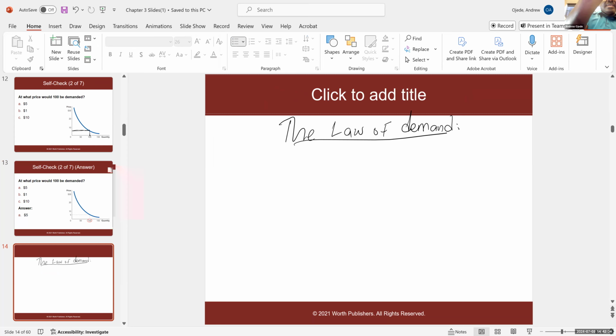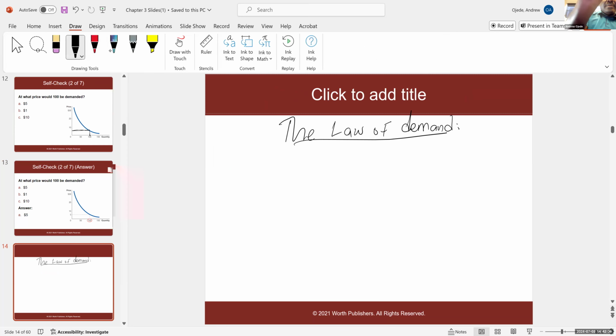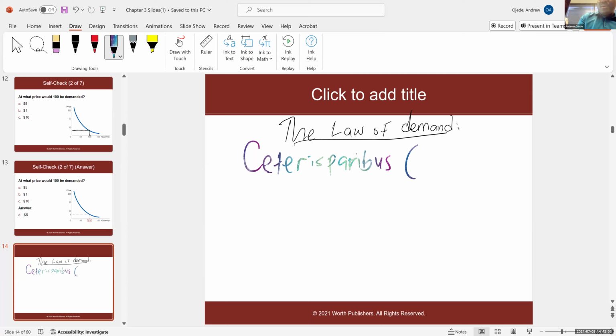The law of demand says that, and there's a Latin phrase, ceteris paribus, I'm going to talk about what that means. Ceteris paribus is a Latin phrase that means all else equal, or all other factors constant.